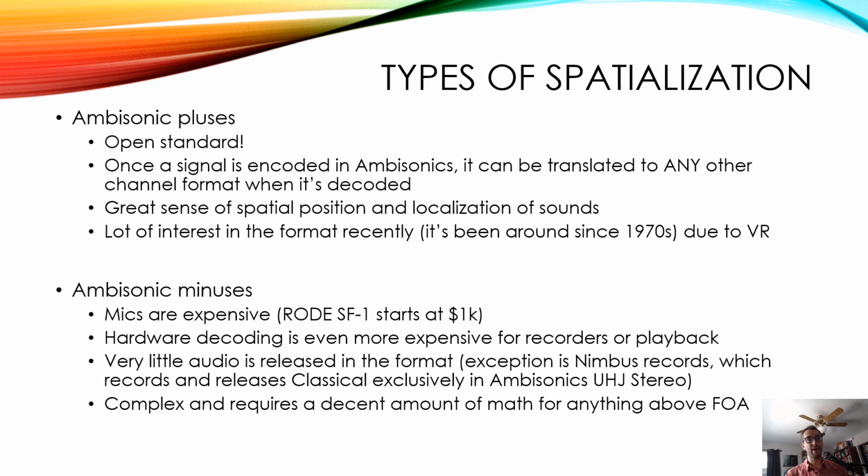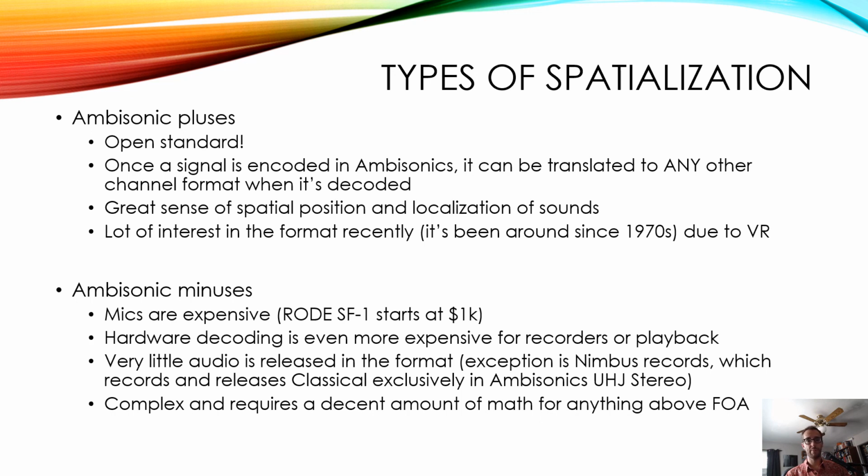There are some minuses, though. Mics that record in ambisonic format, this is going to be in the A format, are expensive. The Rode SF1 starts at $1,000 and they just go up from there. Hardware decoding is even more expensive for recorders that will record in Ambisonics.